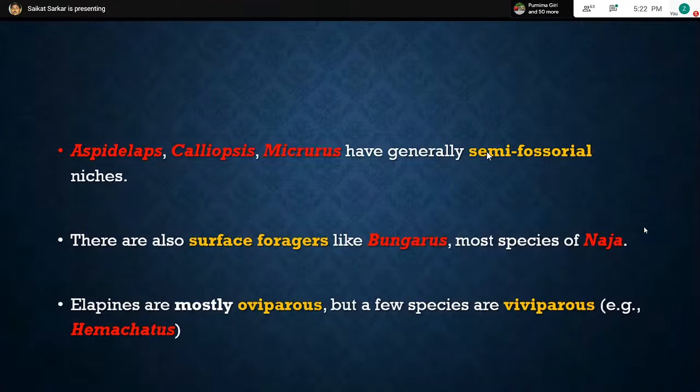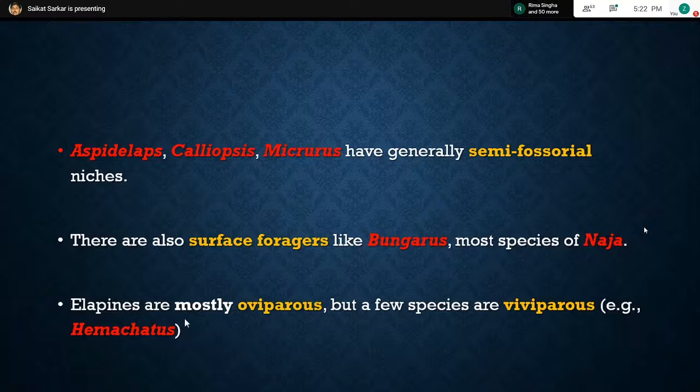Principally, they love to stay within caves and crevices. Not very often they come out, maybe sometimes. There are also surface foragers like bungarus. The vast majority of the elapids are actually surface foragers.